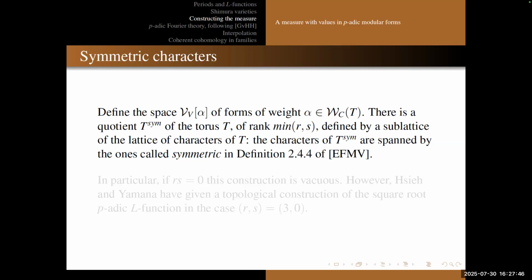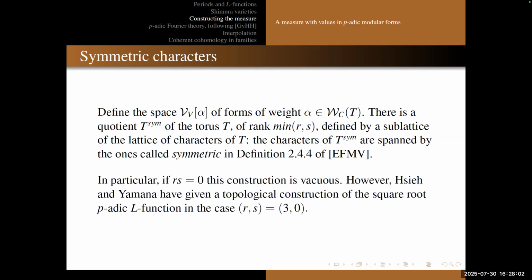You don't need to know the definition, from the paper of Eischen, Fintzen, Mantovan, and Varma, which is the basis for the theory of differential operators I'm going to be describing, p-adic differential operators.